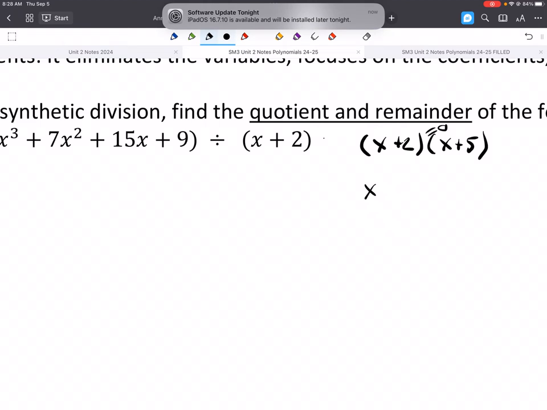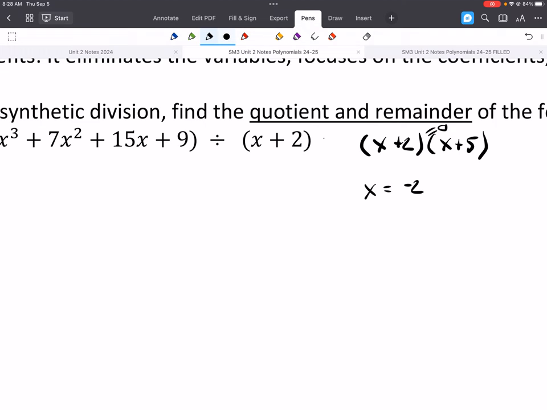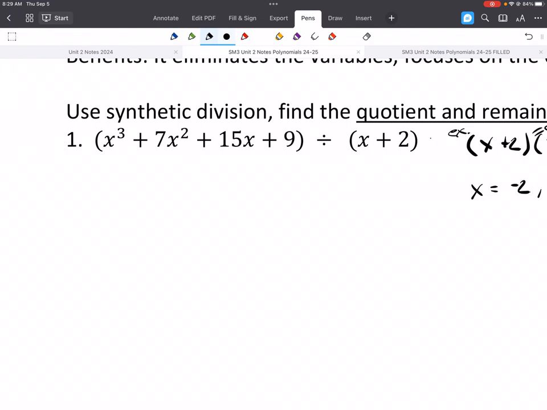So our solutions for this example would be -2 and -5. That's what we're trying to find first off, okay? So for ours, it's -2. That's what would make this factor be equal to 0.